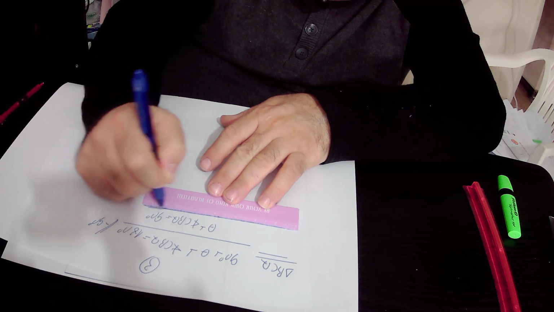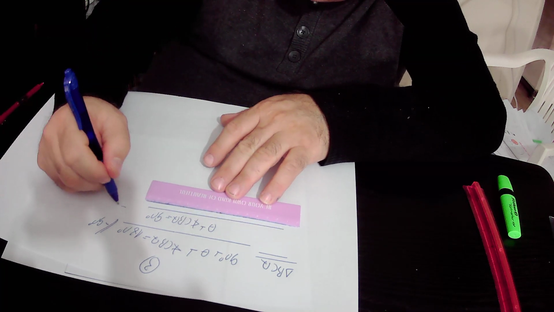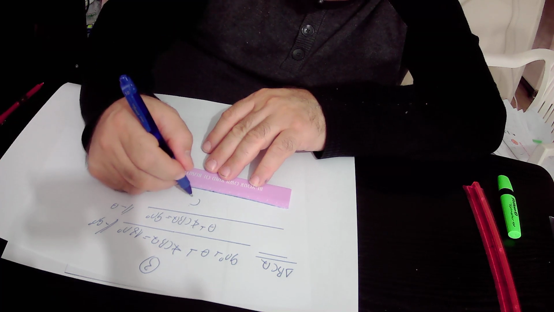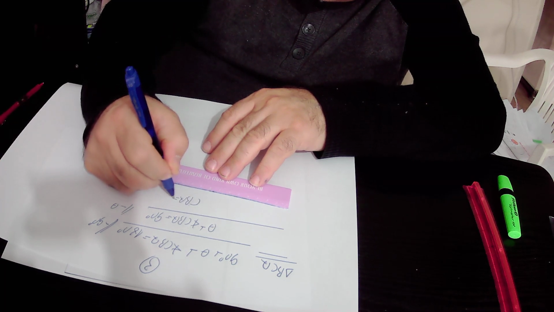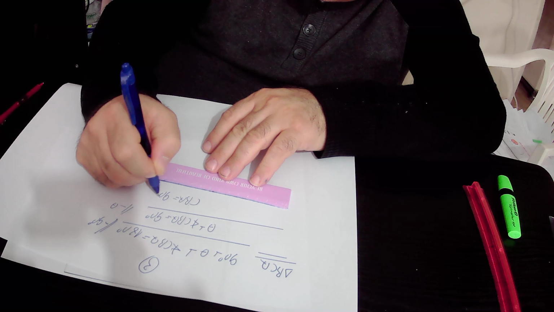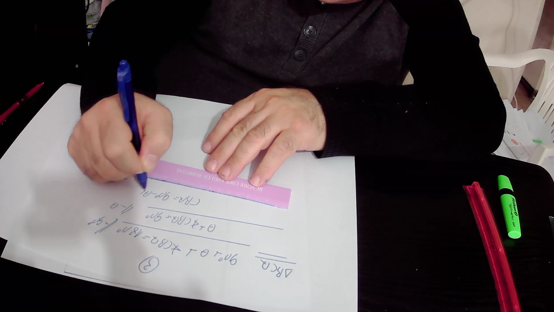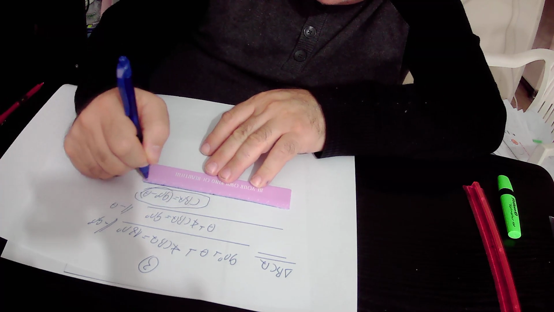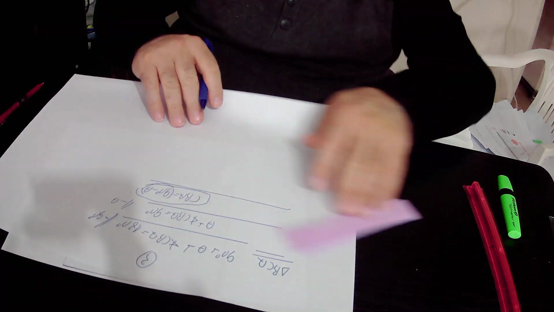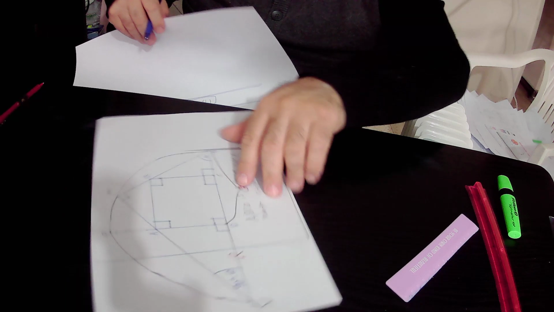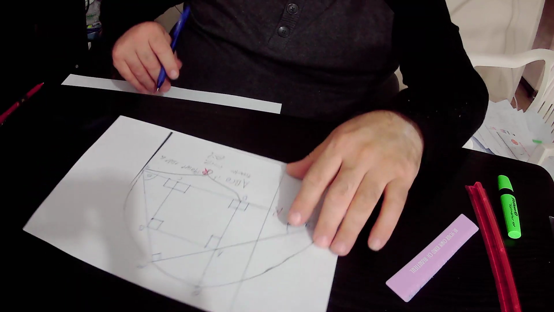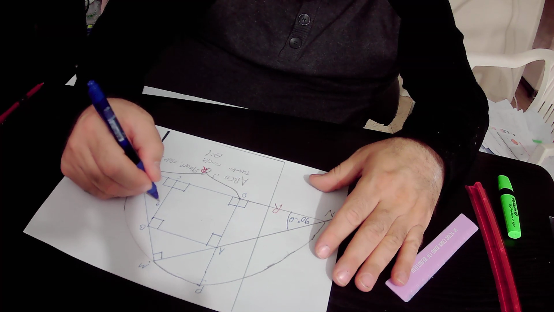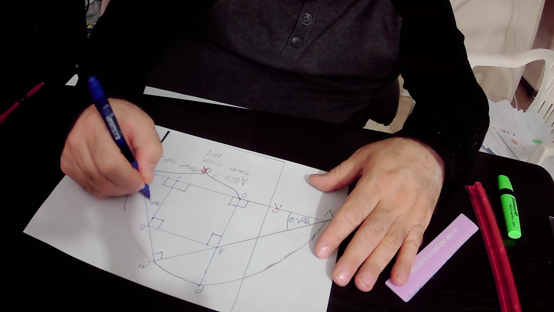Here we subtract theta from this equation and we get that angle CBQ, the missing angle, equals 90 degrees minus theta. So we can write down here that angle CBQ, the missing angle, is equal to 90 degrees minus theta.